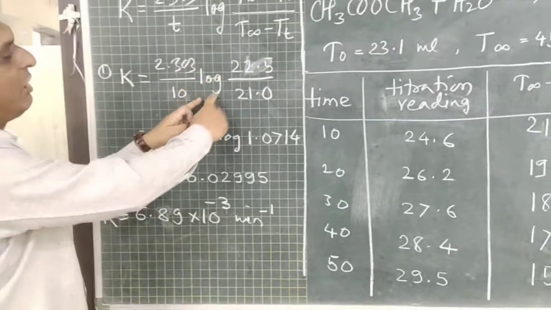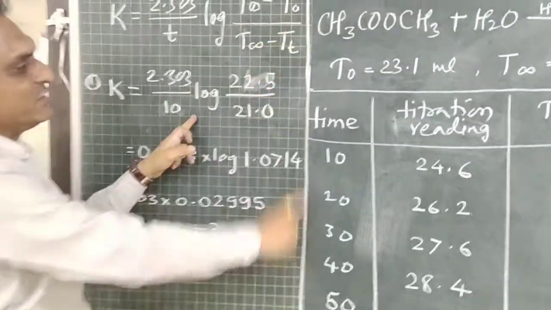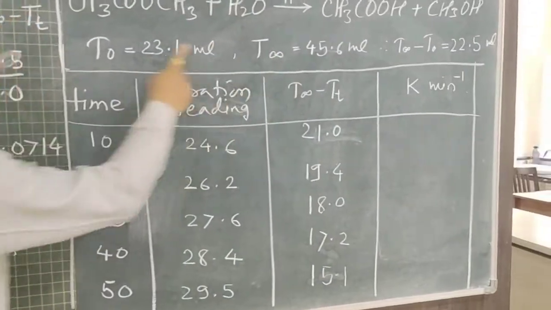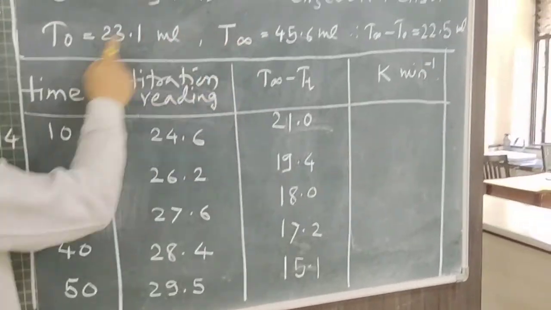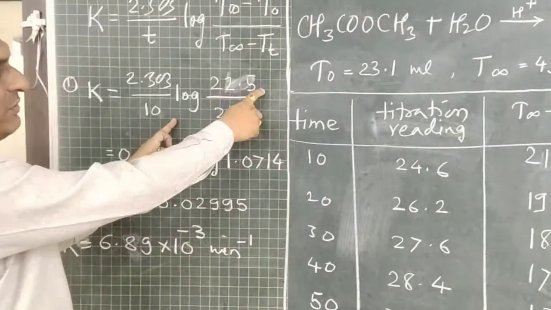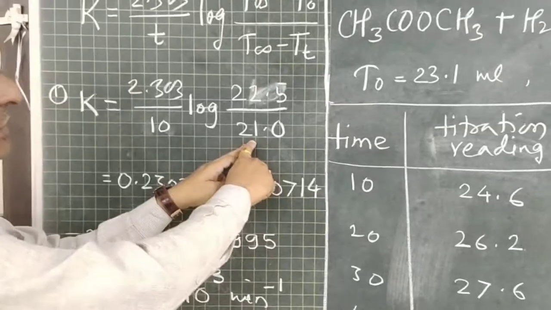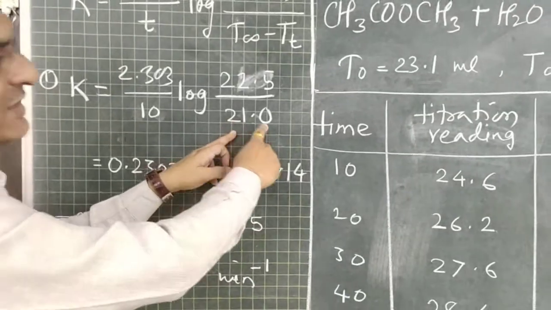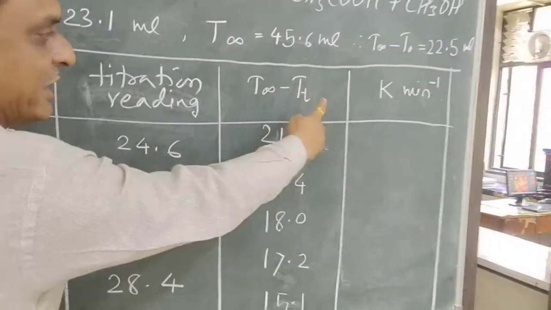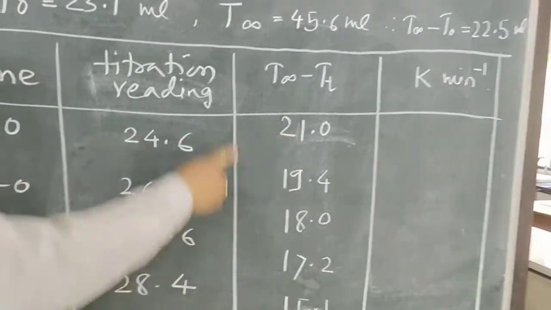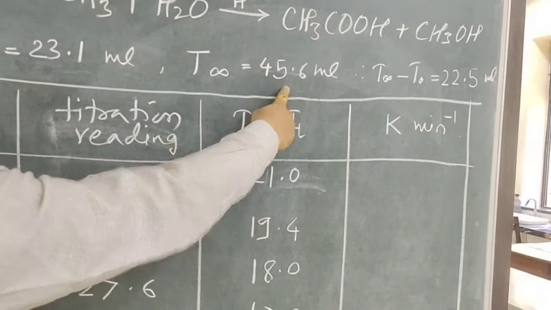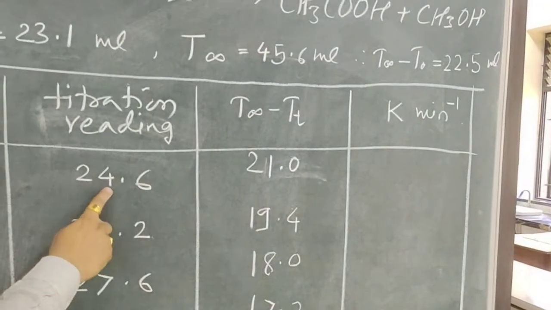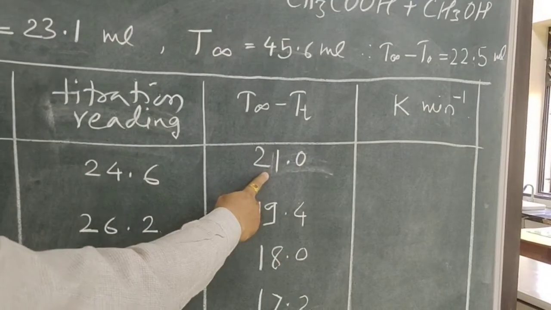So for log of T infinity minus T0, we have the T infinity value and the T0 value, and the subtraction of this is 22.5. The denominator term is a minus x, that is T infinity minus Tt; we have this value T infinity 45.6 minus Tt is 24.6, it comes to be 21.